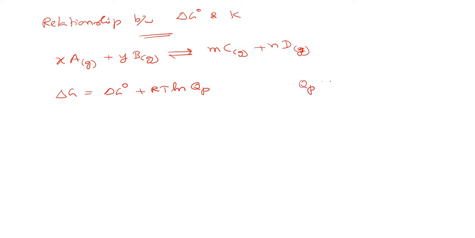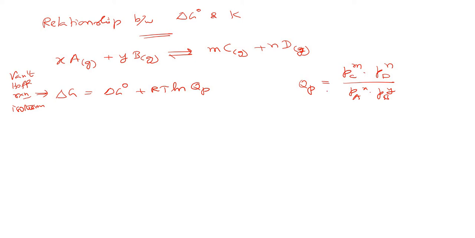In this case, QP is nothing but partial pressure of C to the power m into partial pressure of D to the power n by partial pressure of A to the power x and partial pressure of B to the power y. This expression is what we call the Van 't Hoff reaction isotherm, where QP is this ratio.